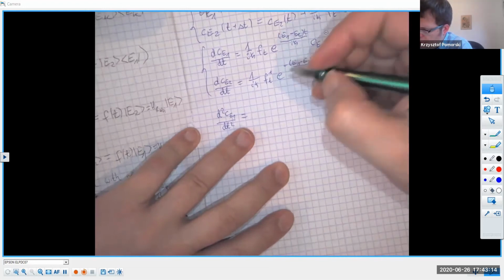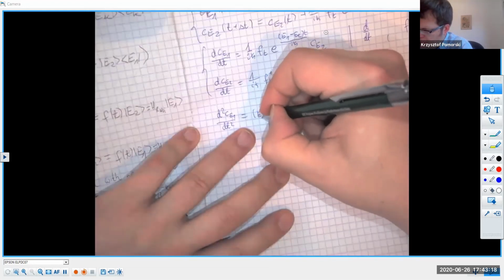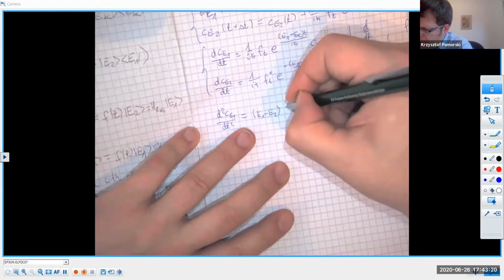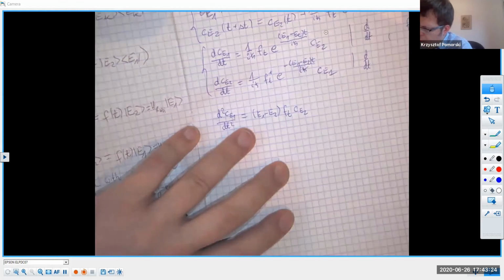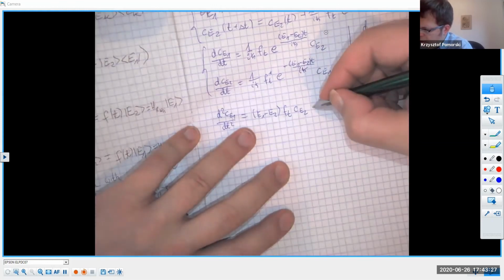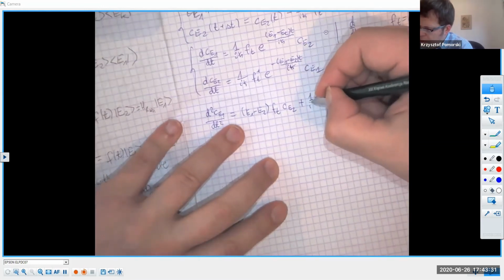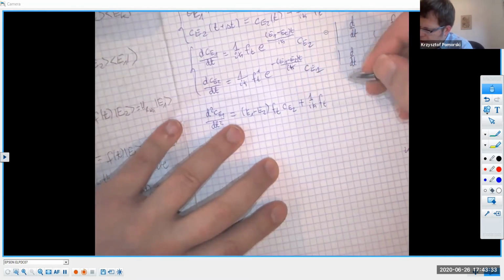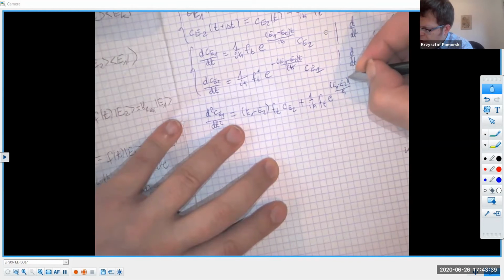So what I will have here is minus E2 f of t C2 plus this guy f of t and E1 minus E2 over H, and then we have the d over dt C1, right?